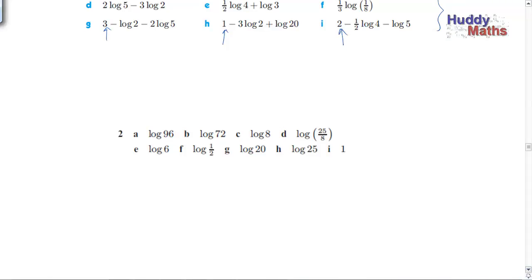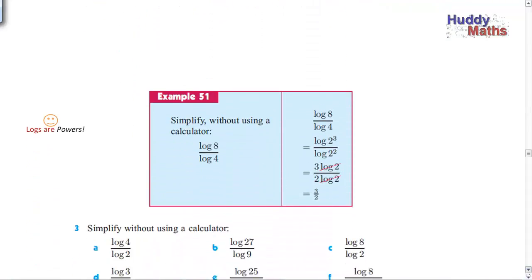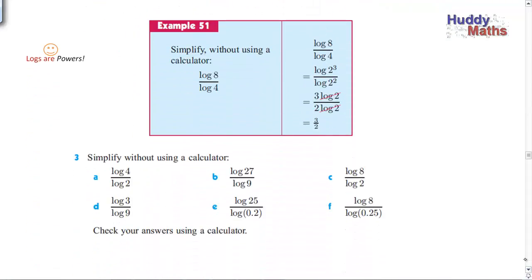All right, nearly finished. We just have a look at a few more ideas here. Simplify without using a calculator. Now people find this confusing. Log 8 divided by log 4. Now this is dividing logs, not numbers, so you can't subtract them. Just watch this now, we're dividing logs. And there's no rule for dividing powers.